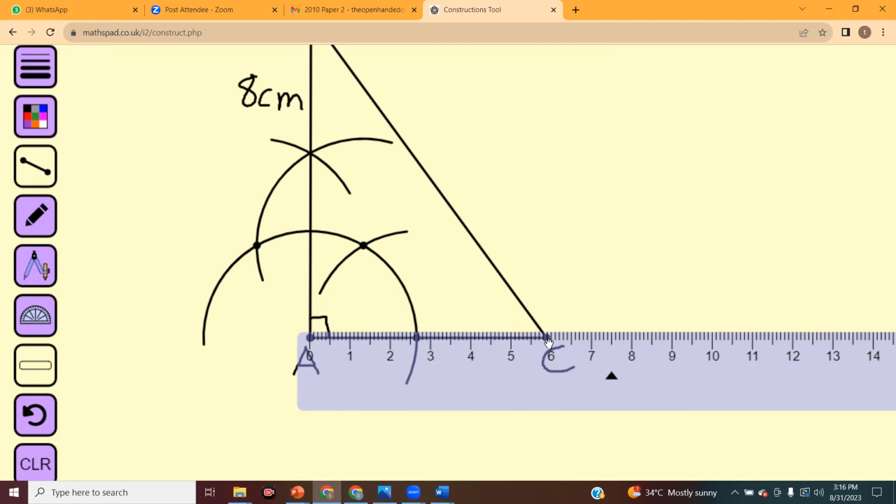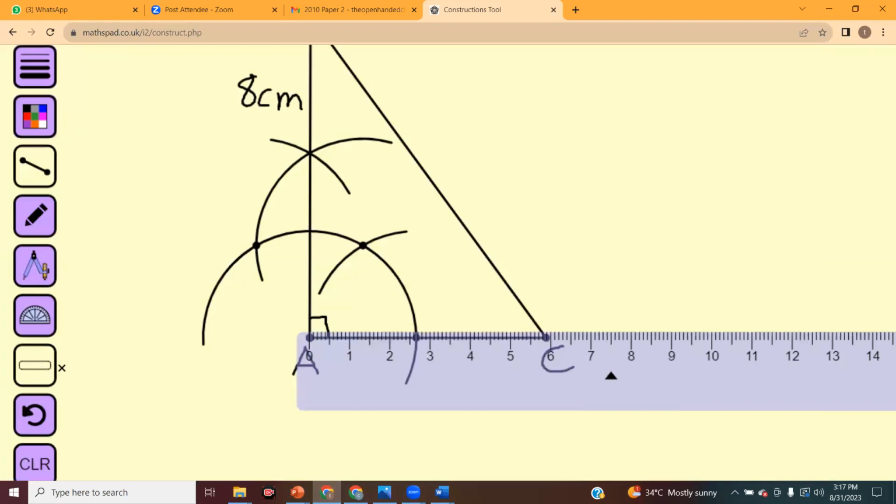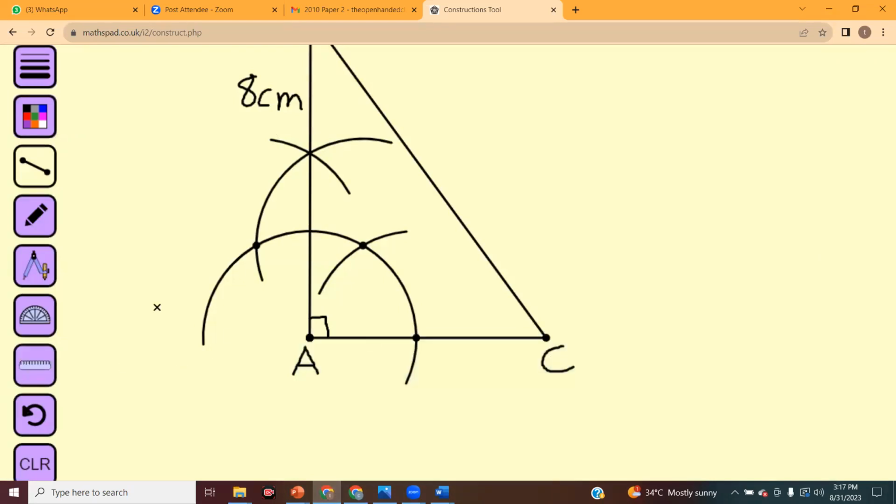So AC is actually 5.9 centimeters. And so that's the correct answer right there. AC is 5.9. And so what that means is we could actually put that on our image. All right, so 5.9 centimeters.